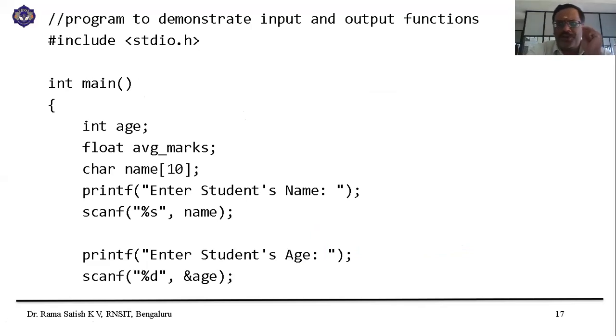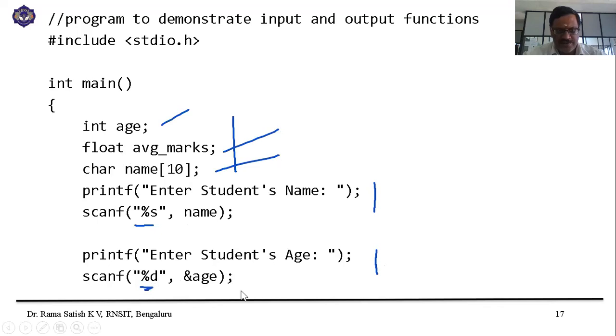This is an example to demonstrate input and output functions. Of course, I'll give you the link to the same program in the chat box. You can click and get it. Here you are reading the name. First you are declaring three variables: age is an integer, marks, the average marks, is float, and name is a character array of size 10. You read the name with %s, then the age, which is an integer, %d.